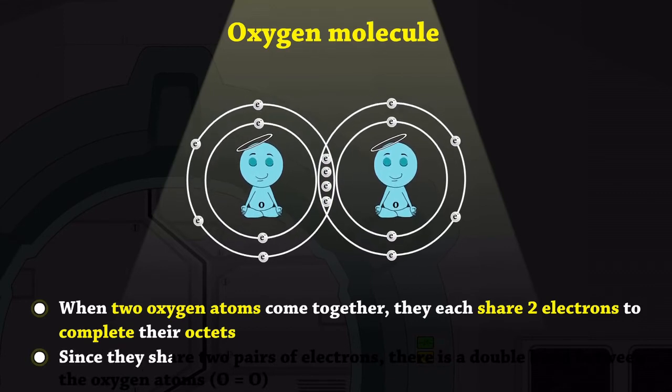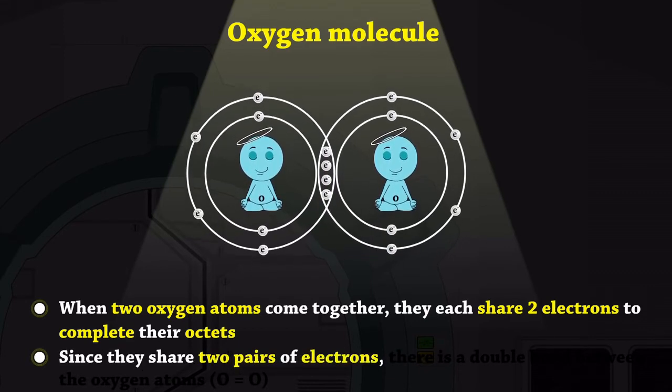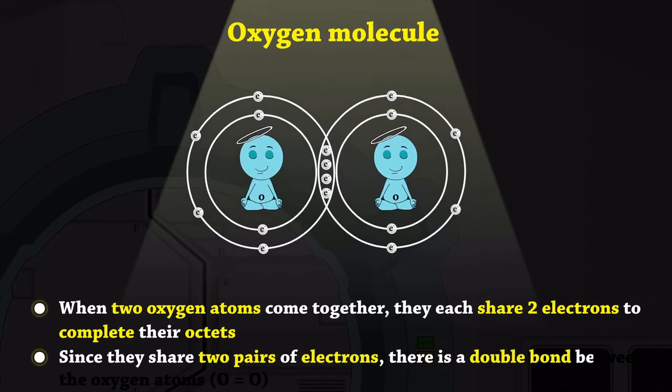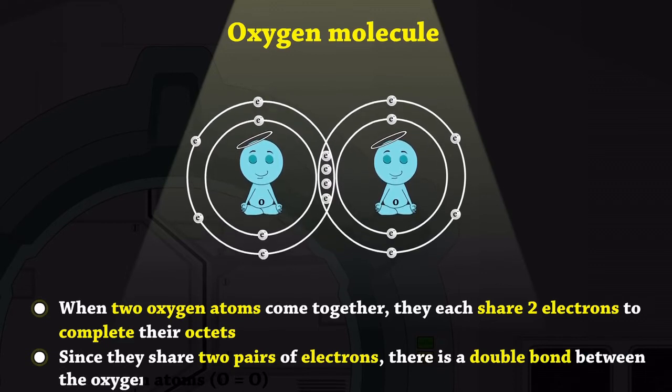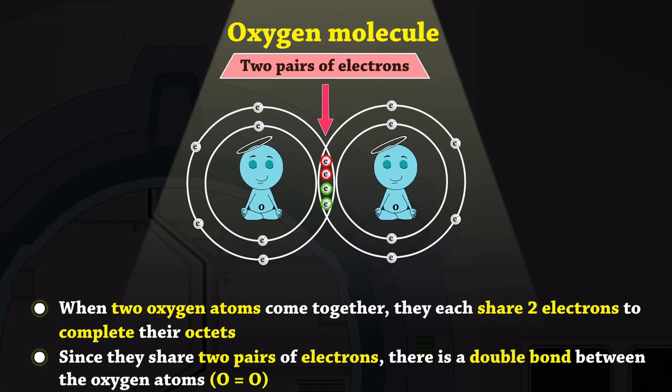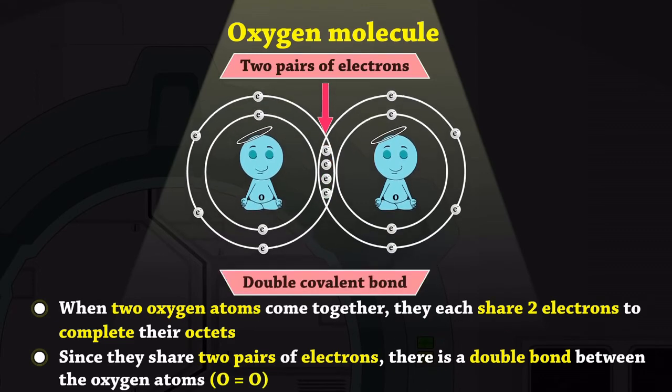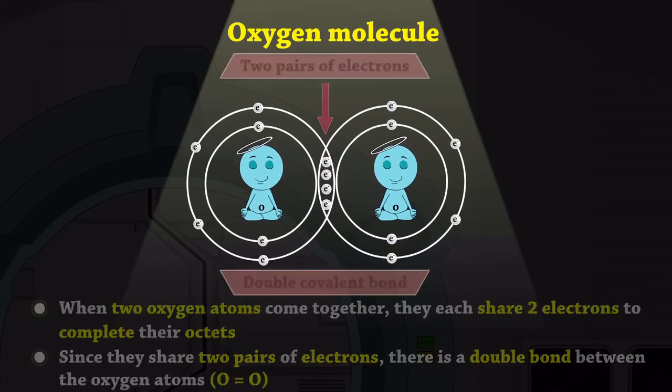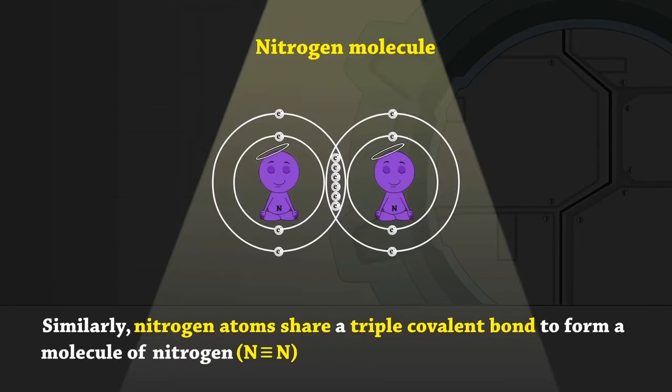Since they share 2 pairs of electrons, there is a double bond between the 2 oxygen atoms in an oxygen molecule. Nitrogen atoms share a triple covalent bond to form a molecule of N2.